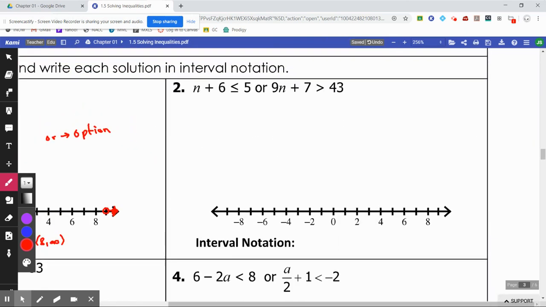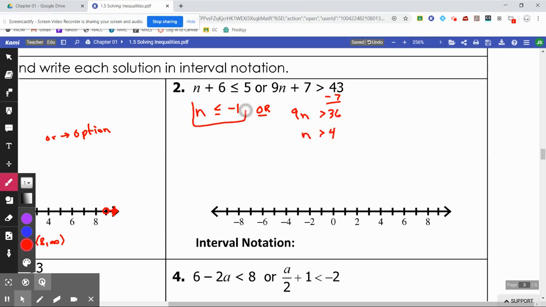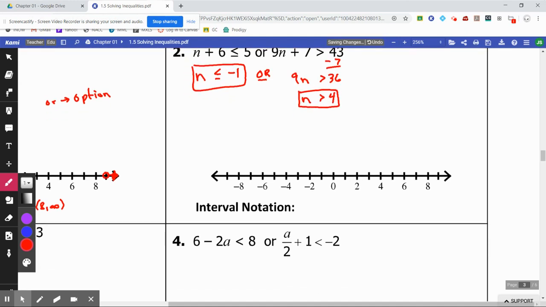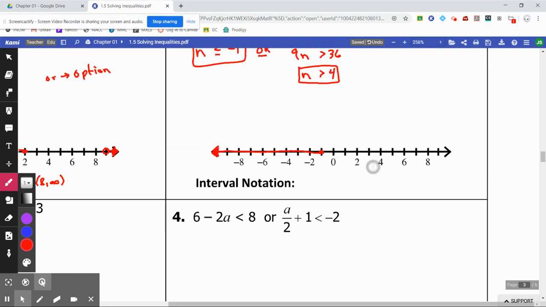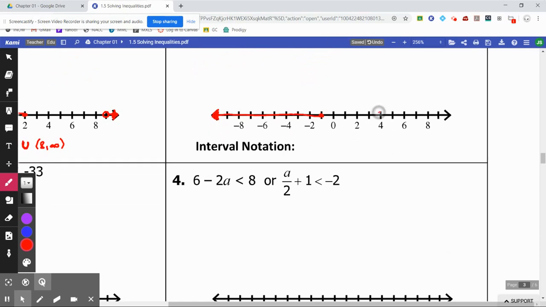Number 2, to get rid of +6, we're going to subtract 6. That gives you n is less than or equal to -1. Or subtract 7, that's going to be 9n is greater than 36. Divide by 9 will be n is greater than 4. So n is either these values, or n could possibly be these values. n could be any value less than or equal to -1, or n could be any value greater than 4.